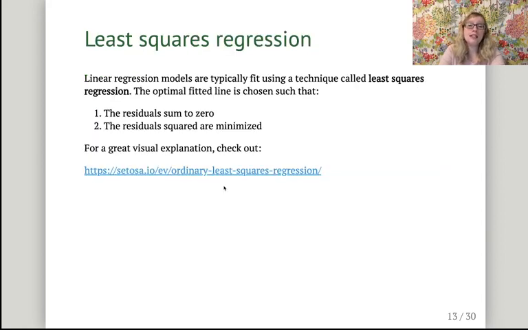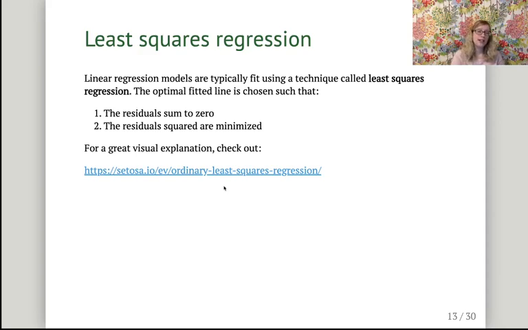Now, when we fit this linear model, we do so using a technique called least squares regression. Here's how least squares regression works. We've got two conditions, or two constraints, that we'll use to calculate this line. The first constraint is that the residuals must sum to 0. In other words, we want those errors that we're off by to average out to about 0.